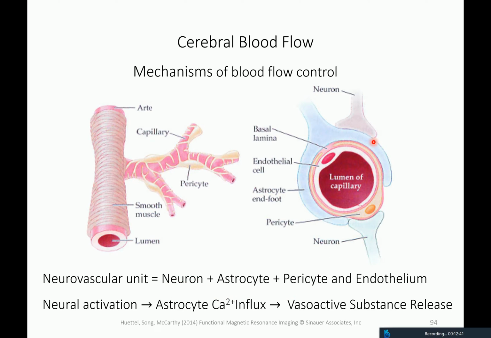Pericytes are just these smooth muscle cells in small arteries and capillaries that have a different name. So they are pericytes. They can constrict. And this is what is shown here. So you have the capillary, you have the endothelial cell, so one cell that makes up the wall of this vessel. Around it you have the pericyte, which is essentially one layer of smooth muscle cell which can do some constriction. And then you have the astrocyte here, so the astrocyte end foot.